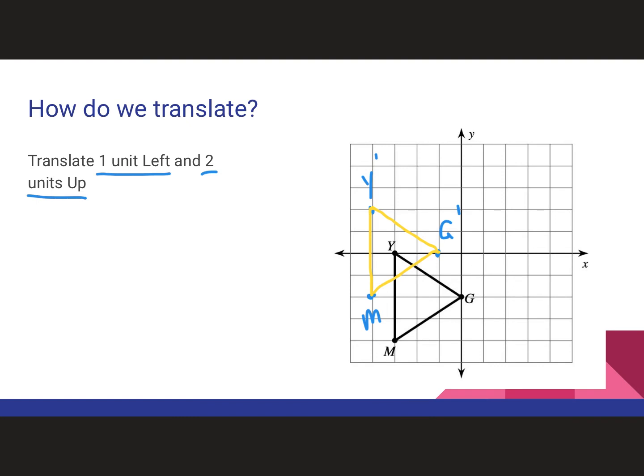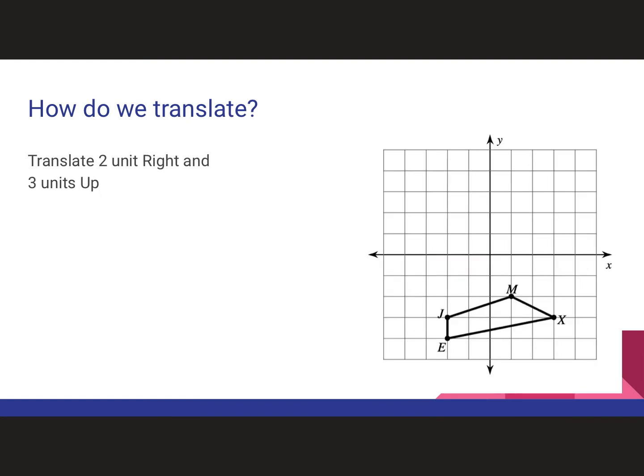Let's try another one. Now even when the shape looks a little bit strange, it does the exact same thing. 2 units right and 3 units up. So point M moves 2 units right and 3 units up to right here. X moves 2 units right and 3 units up to right there.